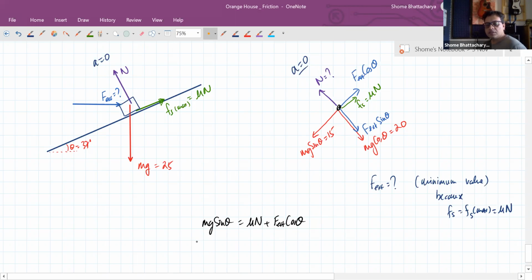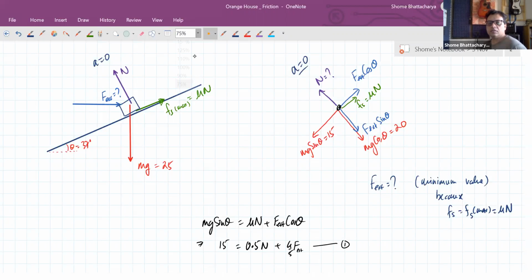Okay, so that's our first equation, that 15 newtons is balanced by 0.5 into whatever the normal reaction is plus 4 by 5 F. That's our equation 1. Okay.